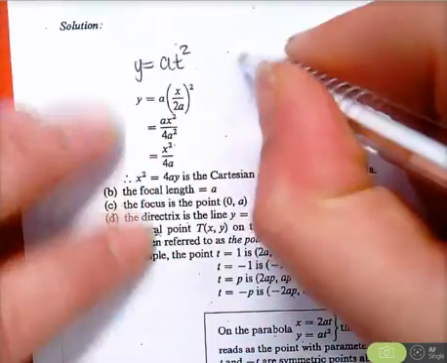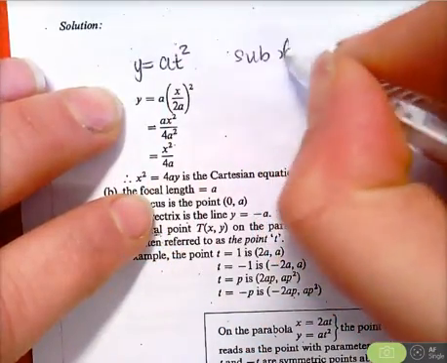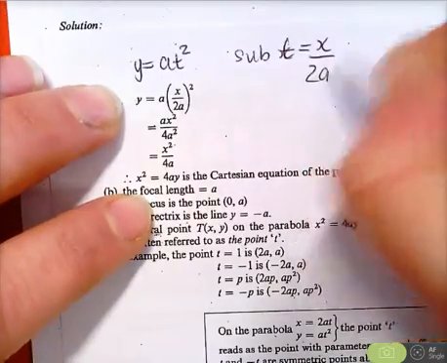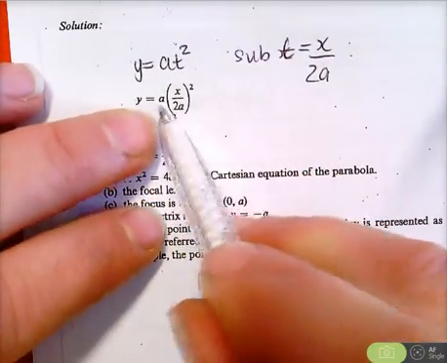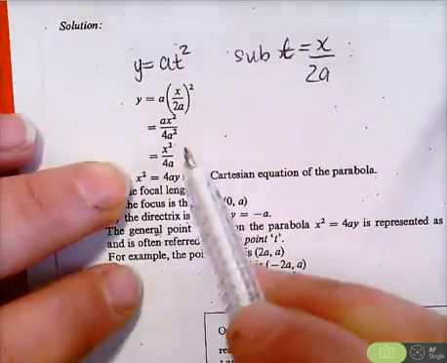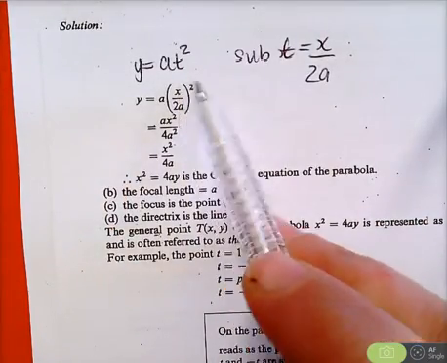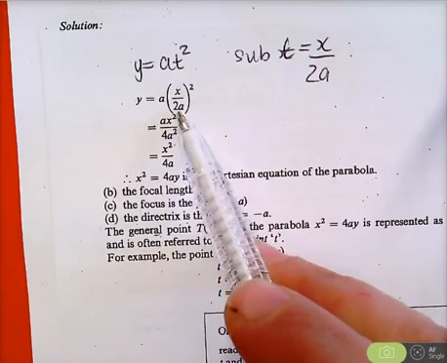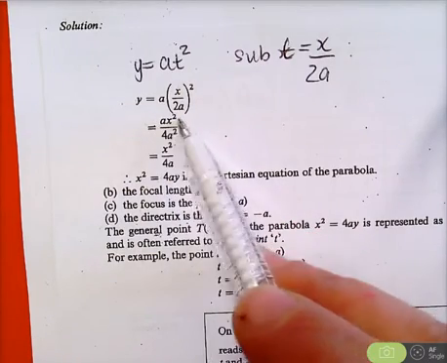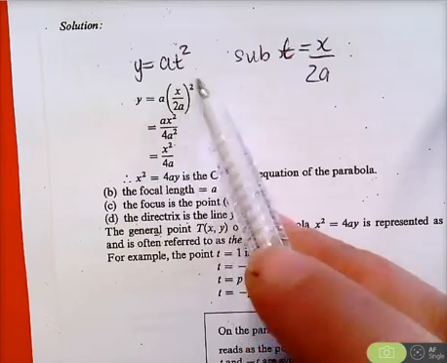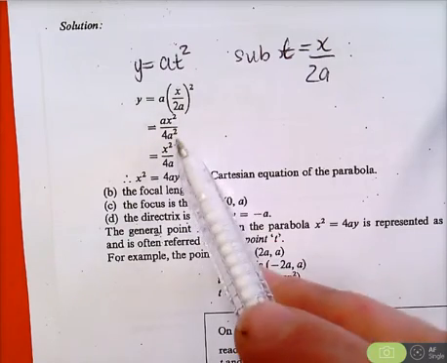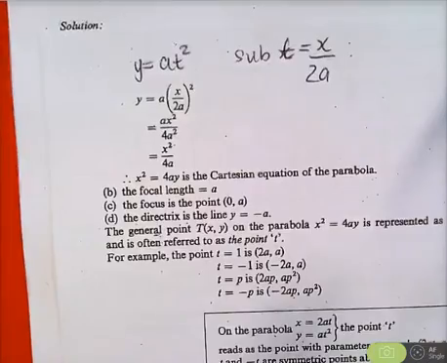You know how we had y equals at squared and we're substituting in t is x on 2a. Y is a, x on 2a squared. When you square this, you get x squared over 4a squared. So you end up with a, x squared, 2 squared is 4, a squared is a squared. Can you see that?